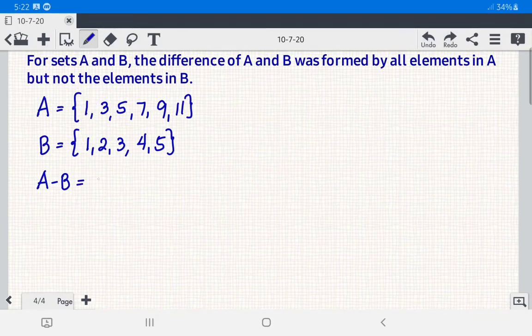Okay, so A minus B is equal to 7, 9, and 11.